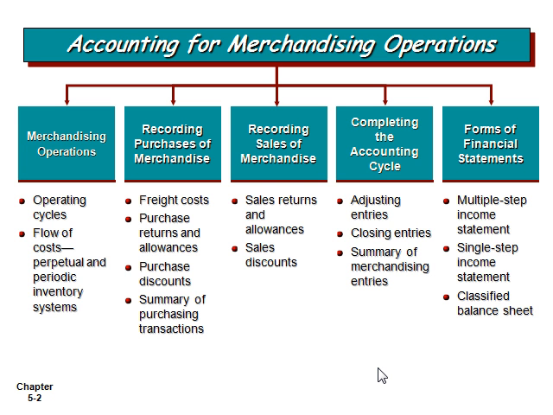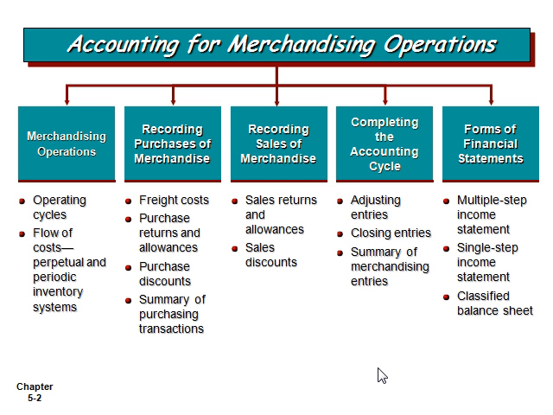Then we'll look at completing the accounting cycle, the adjusting journal entries that are necessary with merchandising businesses, how to make closing entries, and then do a summary there. And finally, we'll look at some variations of the financial statements.